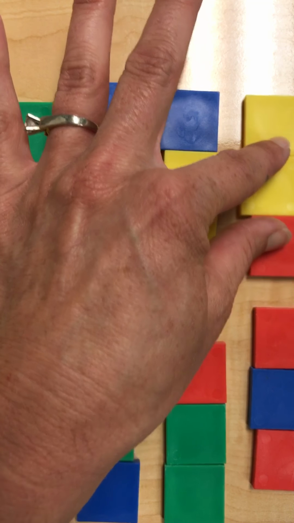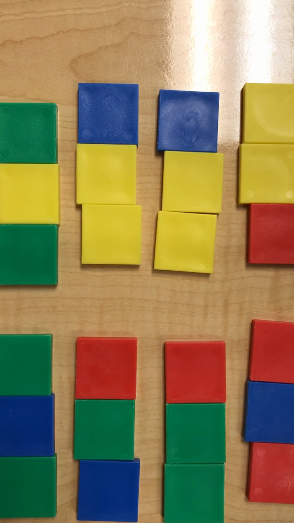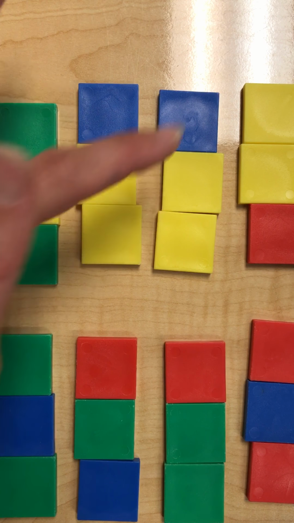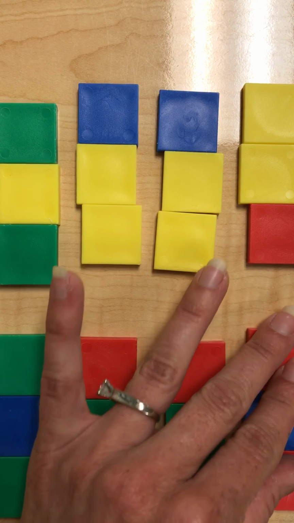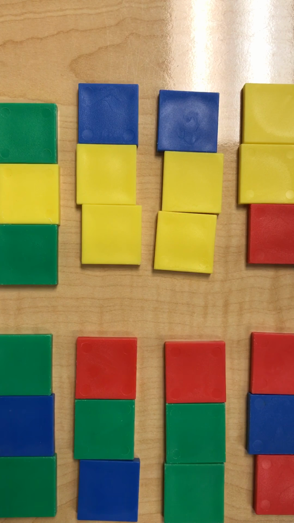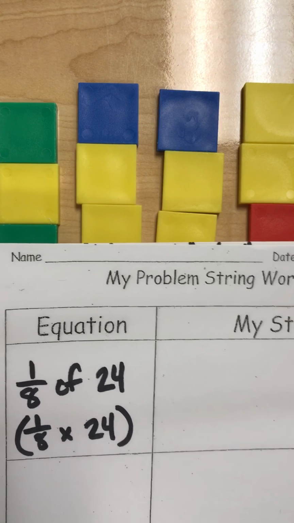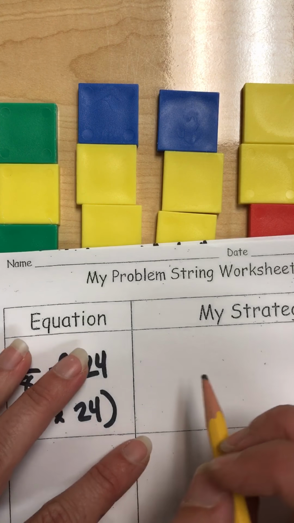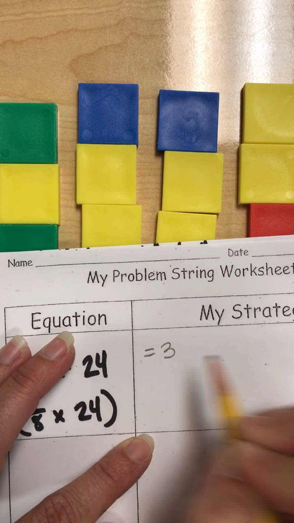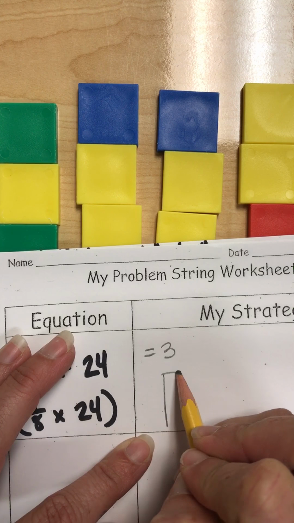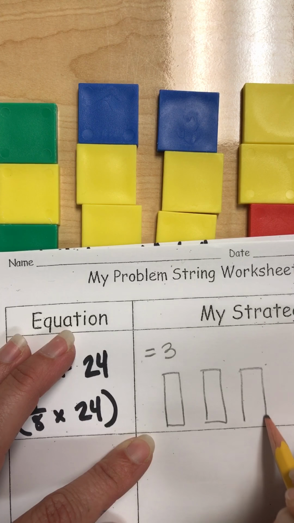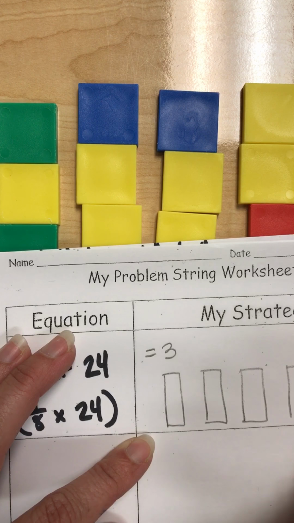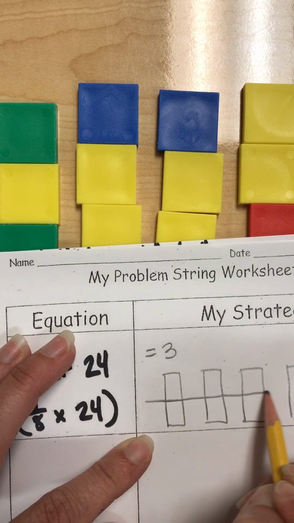And how many are in each group? There is 1, 2, 3 in this group, 3 in this group, 3 in this group, 3 in this group. So all of them have 3. So I have 8 equal groups of 3. So 1/8 of 24 equals 3 because I had my 4, and then I took those 4 groups and I cut them in half.